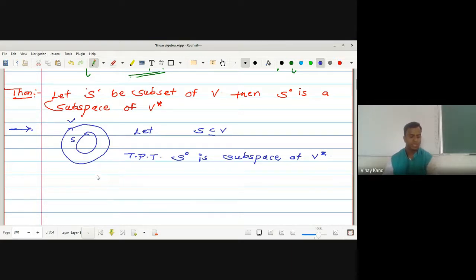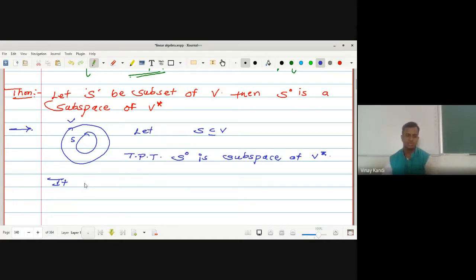Now you have to prove that the annihilator of S is a subspace of V star. So it is sufficient to prove that the annihilator is closed with respect to vector addition and scalar multiplication.